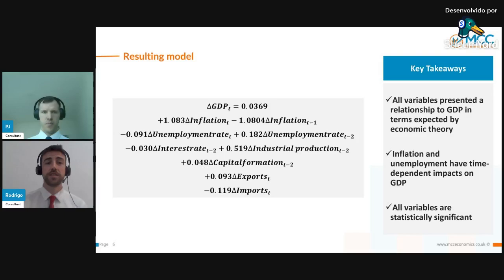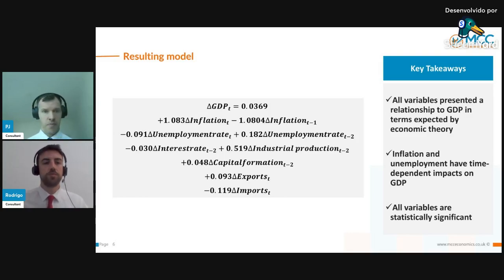As we can see here, it's not a very large impact. It's 0.18, not a huge change in the economy, but that's one of the possible explanations that we have found for this unexpected relationship.